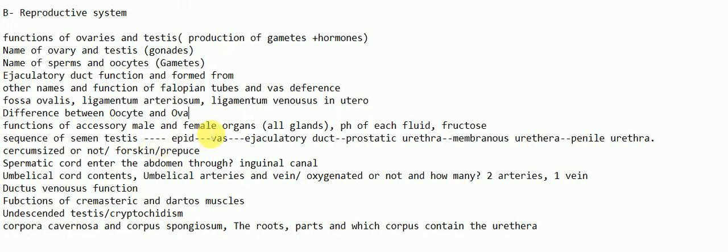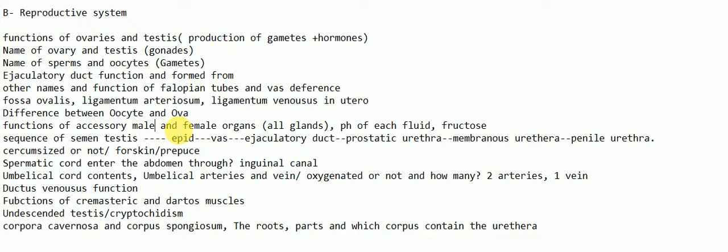Now the accessory structures of the male and female, and what's the function of each one of those. Accessory functions of males consist of, number one, the epididymis, and this is for temporary storage, and it also has some secretions, but mainly temporary storage for the sperms to mature. Then you have the bulbourethral gland, the prostate, the seminal vesicle.